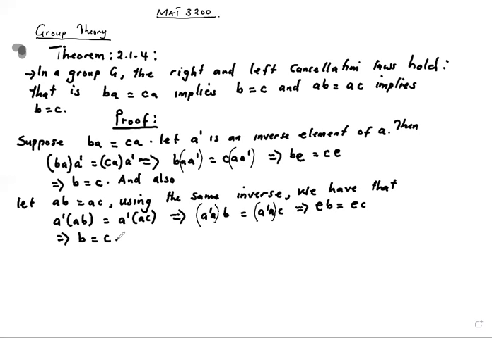So what else? There's another theorem following this one, that for each element A in a group G, there's a unique element B in G such that AB is equal to BA is equal to E. That one follows directly because it's just a follow-up of this theorem. Suppose that B is the inverse of A. Then we have AB be the same as A A inverse, and you've seen in this theorem that A A inverse is just an identity, which is what the theorem is talking about.